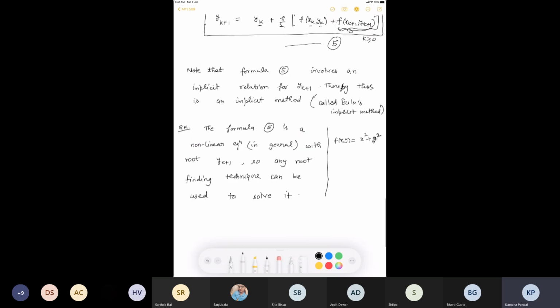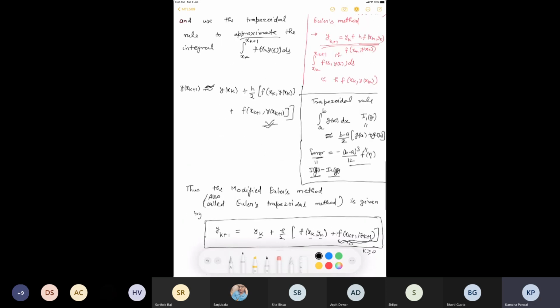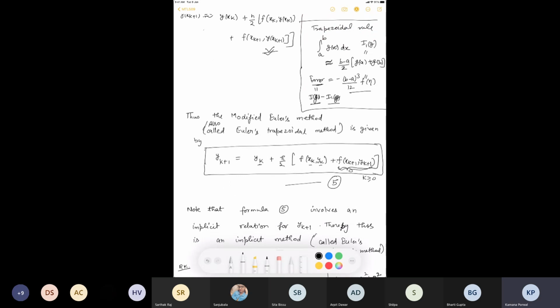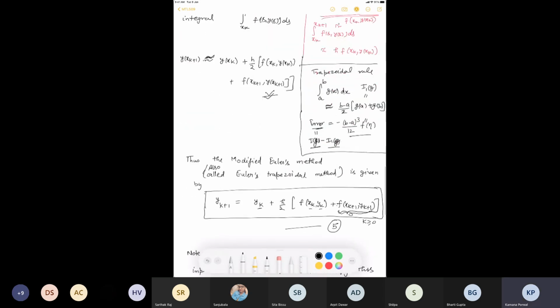So then there was a further modification suggested for this method, so that we can still have a method of order 2. Okay, let's talk about the order first before going to that. So what is going to be the order of the truncation error here in terms of h for this modified Euler's method?